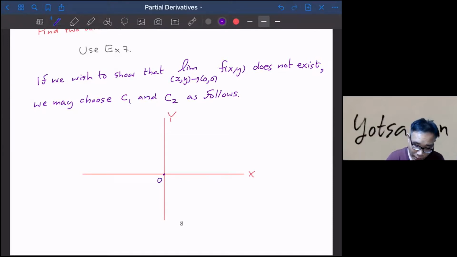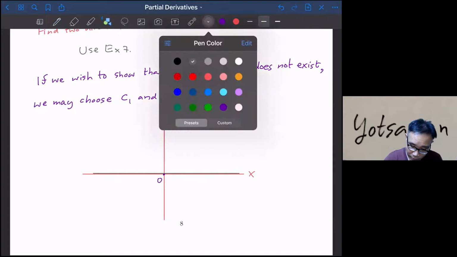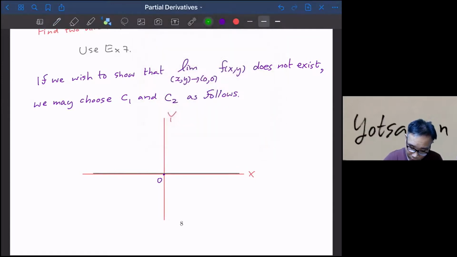You can try the x-axis and the y-axis, so this one will be y equal to 0, and this one will be x equal to 0.